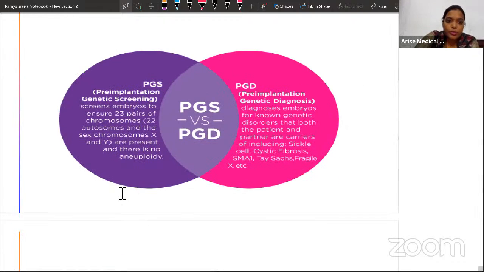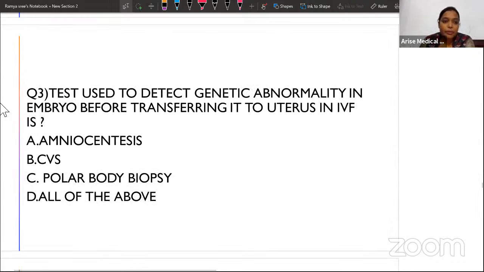Test used to detect genetic abnormality in embryo before transferring it to the uterus in IVF is: amniocentesis, CVS, polar body biopsy, all of the above.